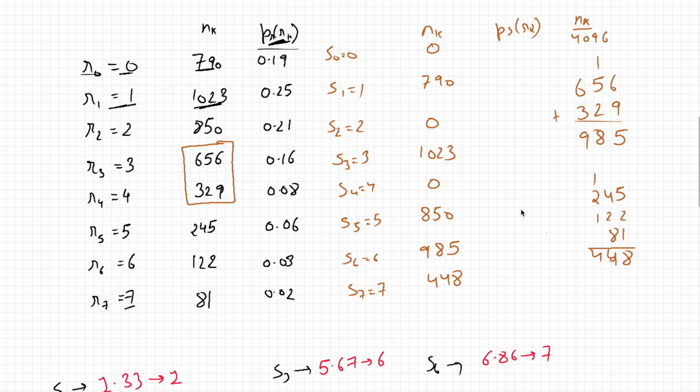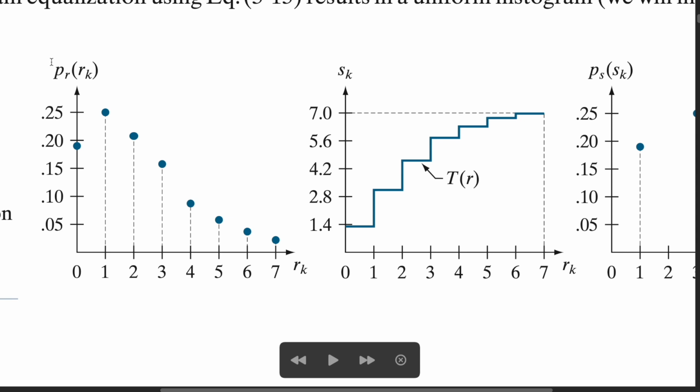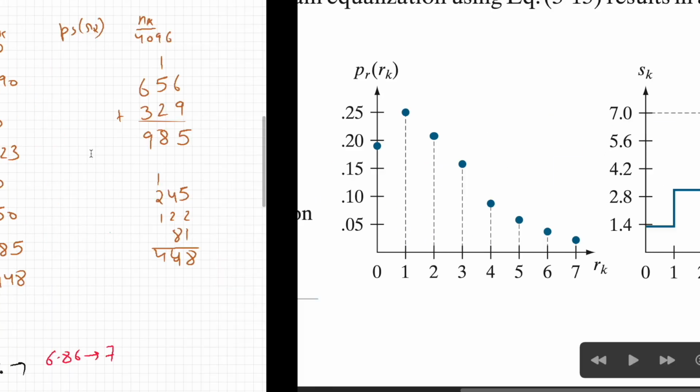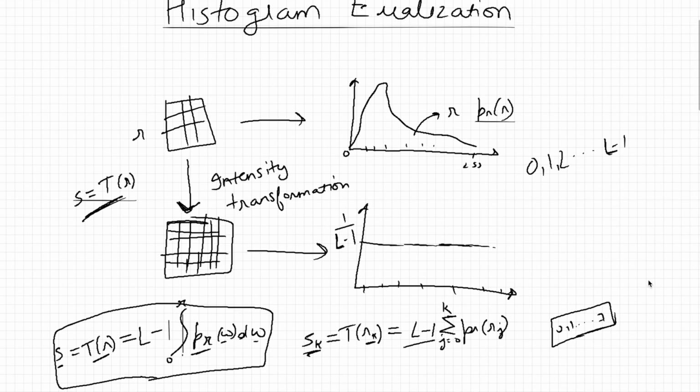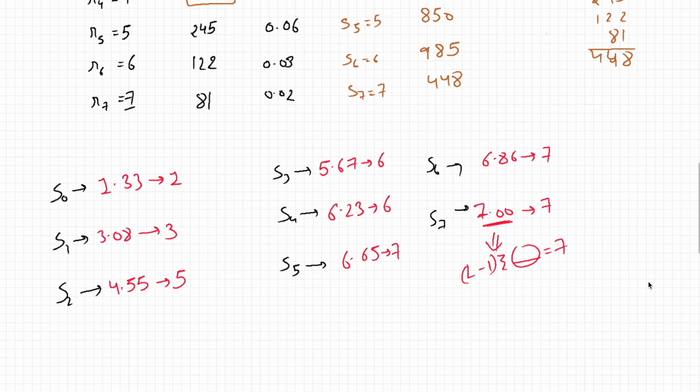And what do we expect from this? We expect that this histogram, which was earlier like this, should be a little more flat. Theoretically it should be completely flat at 1 over L minus 1. And what is 1 over L minus 1 here?